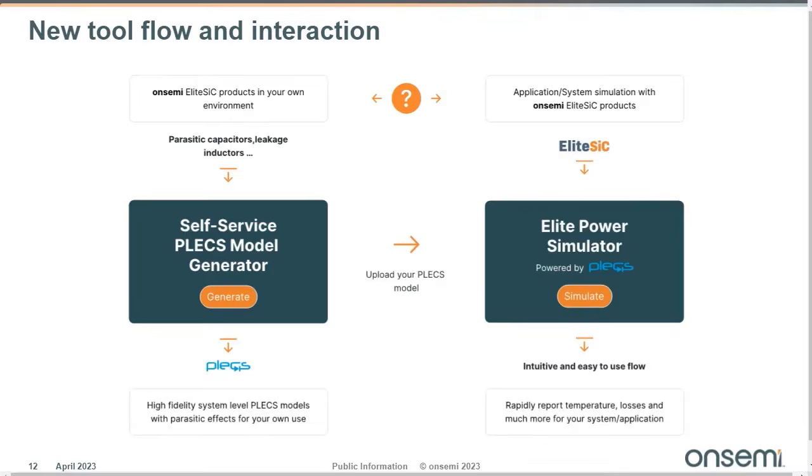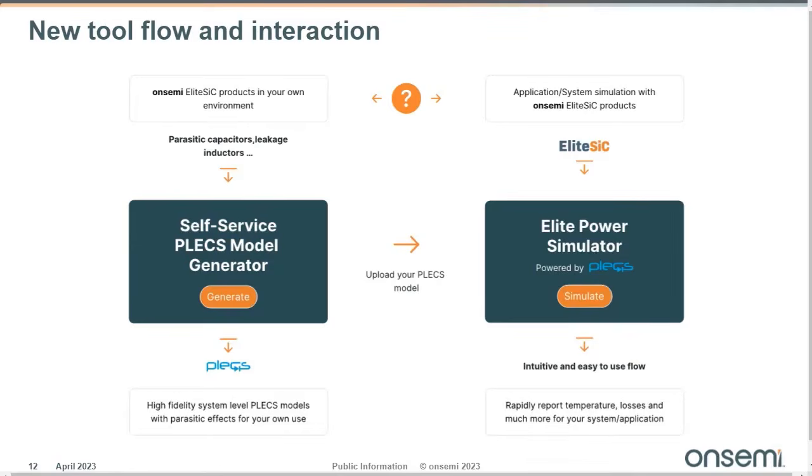The left side is based on our simulation capability that I have introduced, that you have seen. It's very accurate and includes the real silicon carbide equations. It's not like a behavioral model that is based on silicon to try to reproduce how silicon carbide behaves. We use those silicon carbide equations that we have extracted to generate the tables that PLECS needs to do the system simulation.